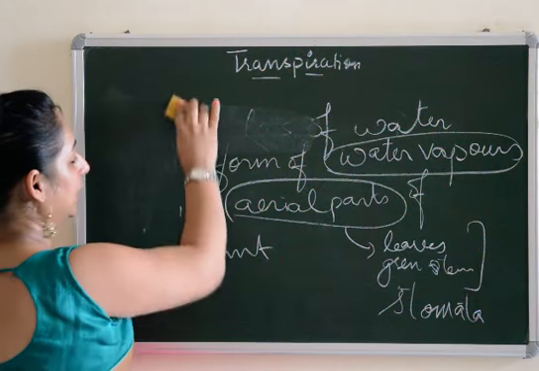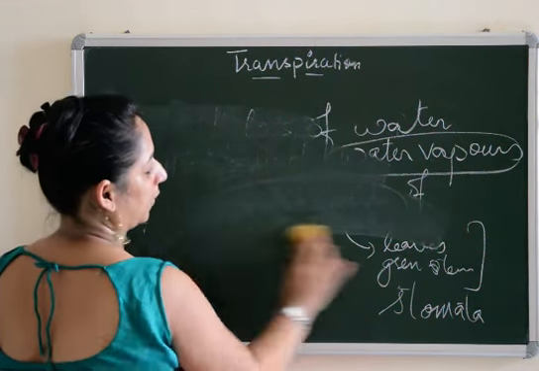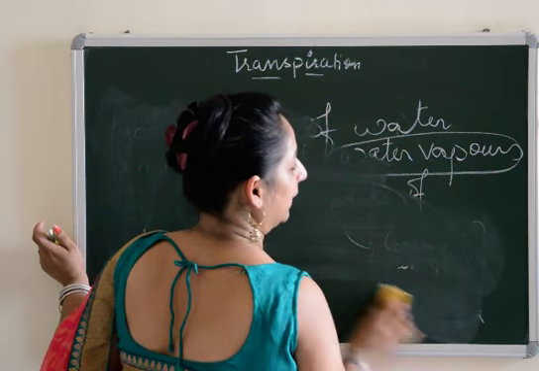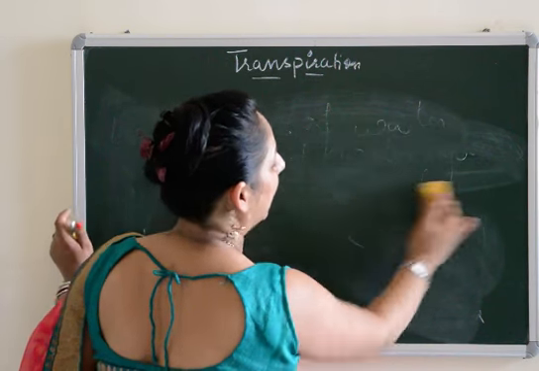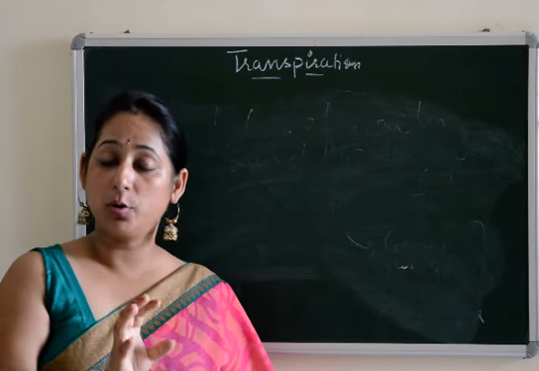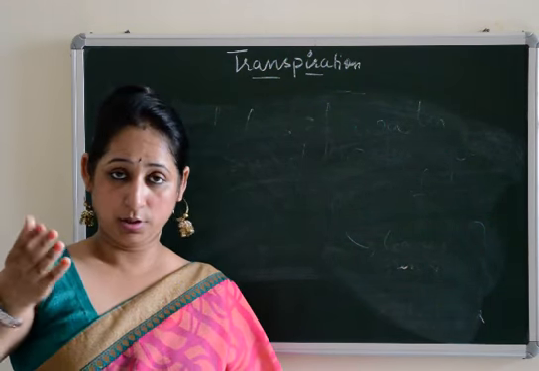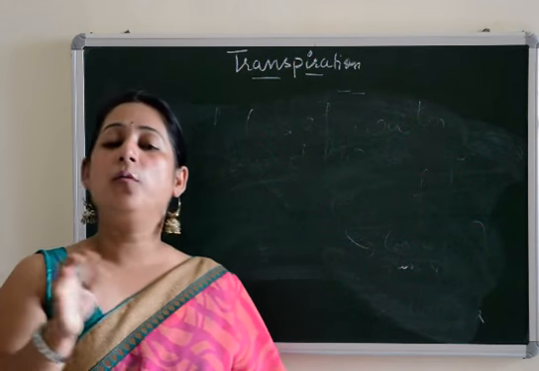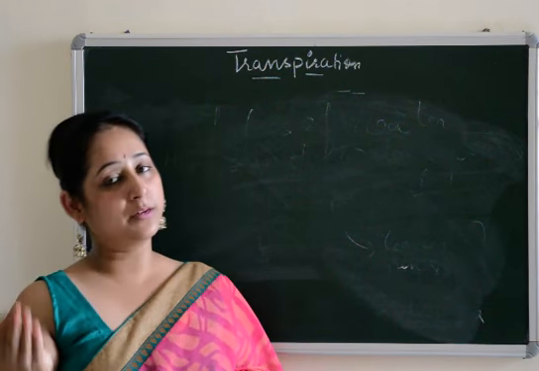Regarding stomata, it is very important for you to understand the diagram of stomata, and this should be in your head that the number of stomata is more on the undersurface. How will you judge which is the upper surface and which is the lower surface?